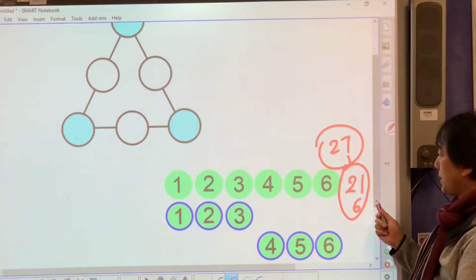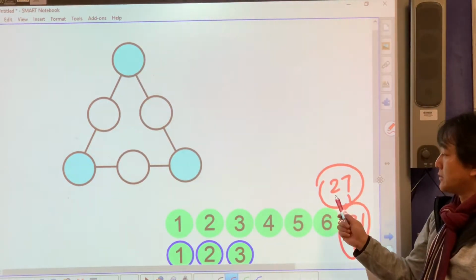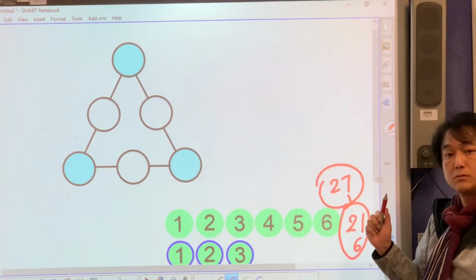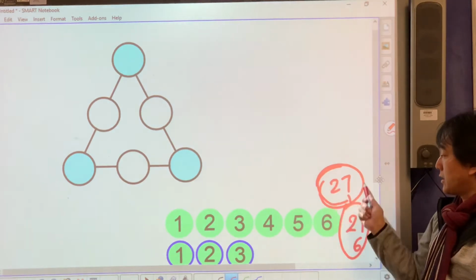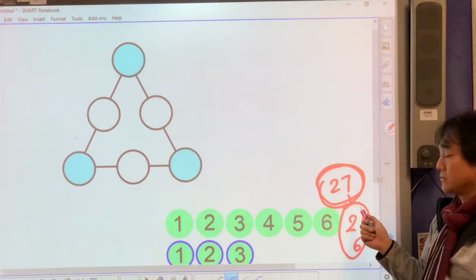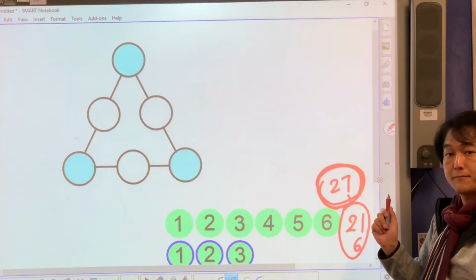So what would be the largest numbers we can put all together possible? So let's pause the video when this number here, adding all the numbers we put there in the magic triangle, will be the largest. So let's pause the video.